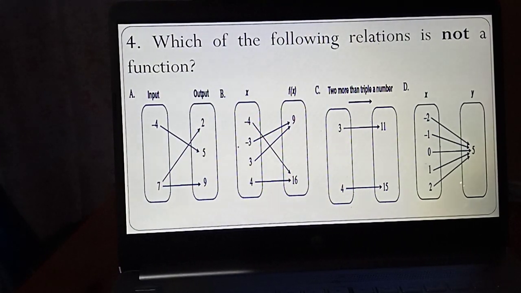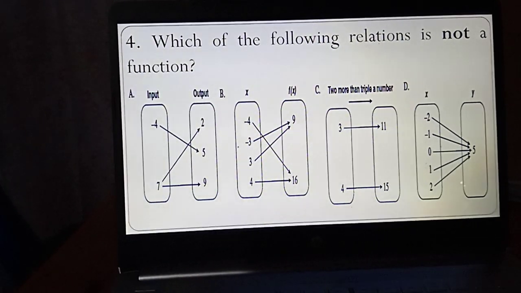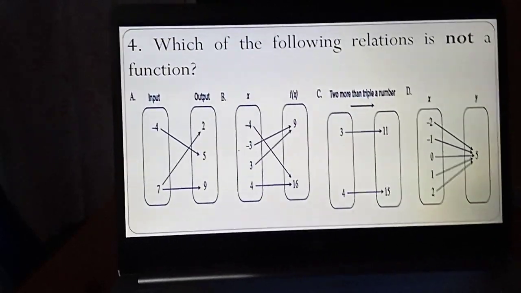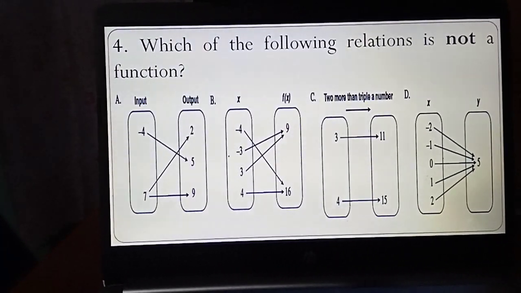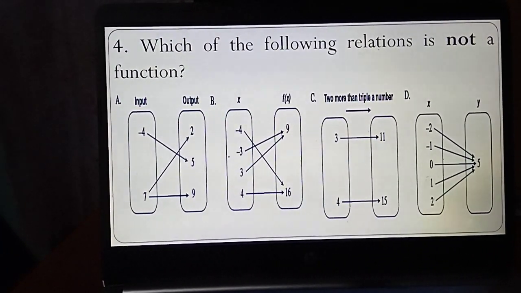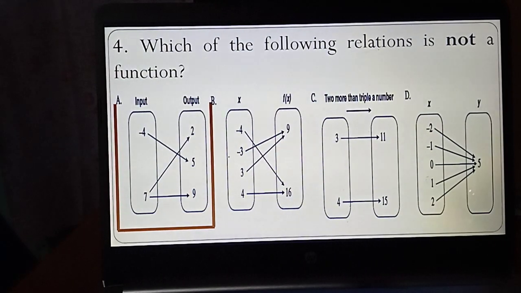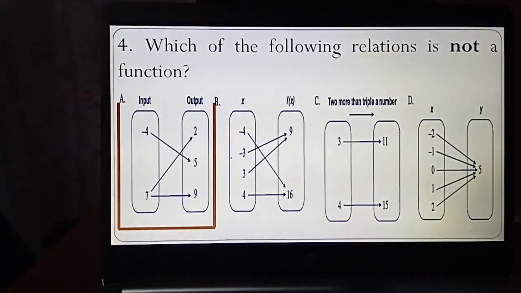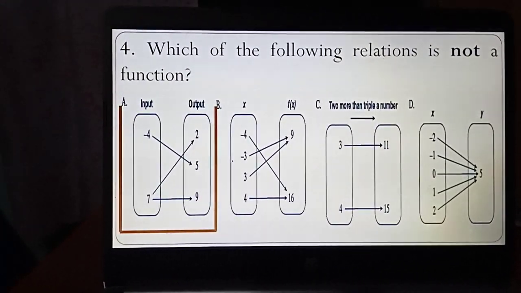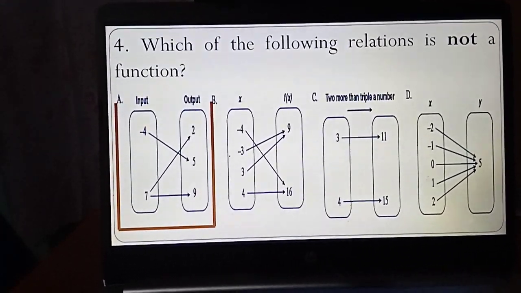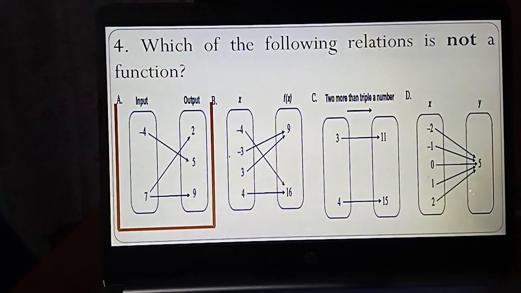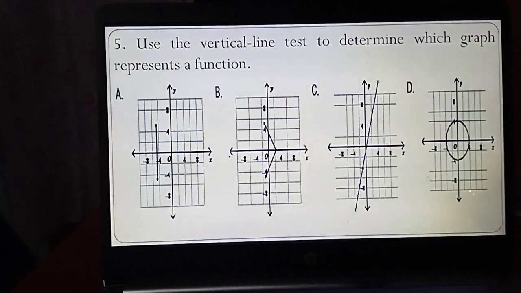We should choose here a domain that is paired more than once. So that's letter A, that is the answer, because 7 is paired twice. 7 is paired to 2 and to 9. Okay? Let's go to number 5.